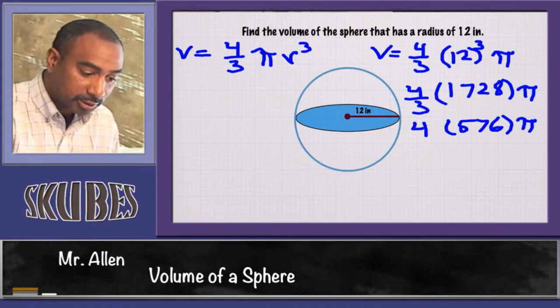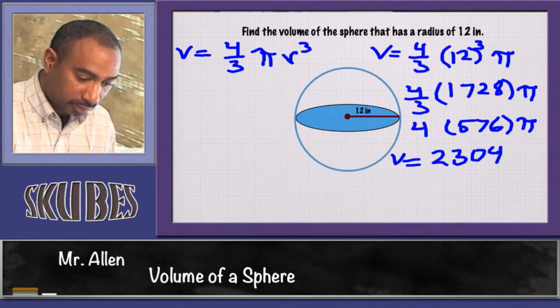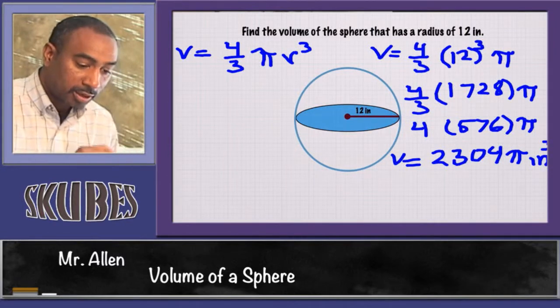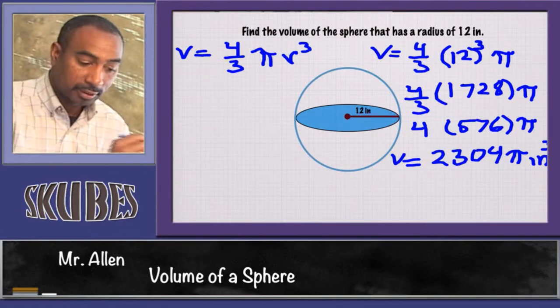So the exact answer would be 2304 pi, and that'll be cubic inches. But oftentimes you're asked to approximate the answer, and we use 3.14 for approximation of pi.